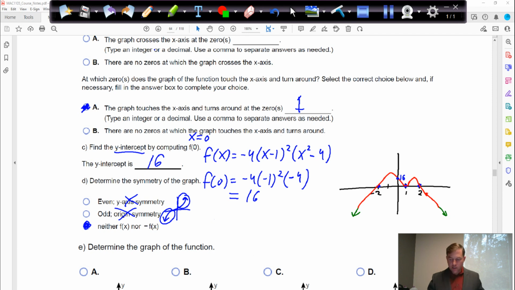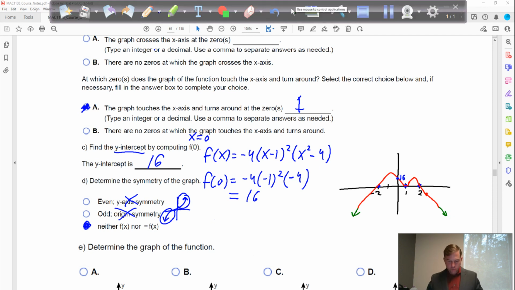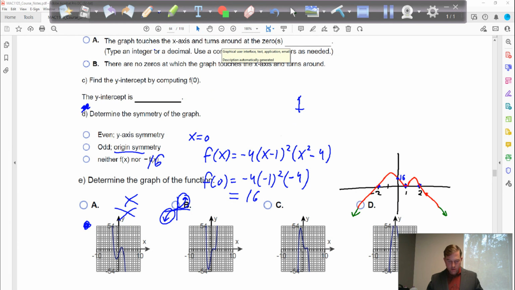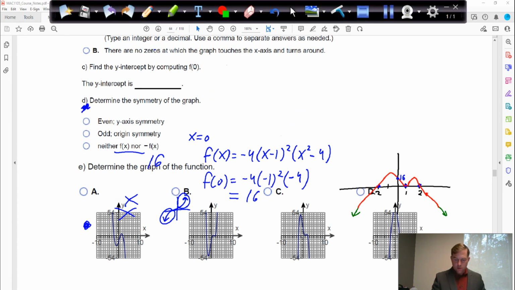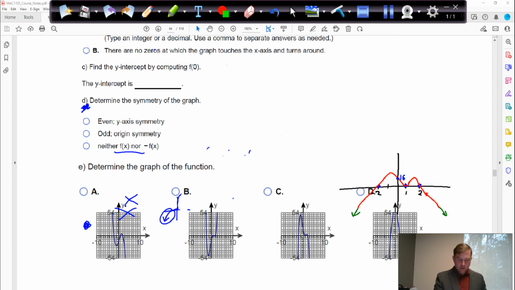Okay, now the last thing, with all of this, we just have to pick the right drawing. So which picture is it? And my picture is already pretty close. So let's just look at which one matches it the best. And their scale's different, so that's going to make it obviously not look exactly like mine. But we definitely have to fall to the left, fall to the right.